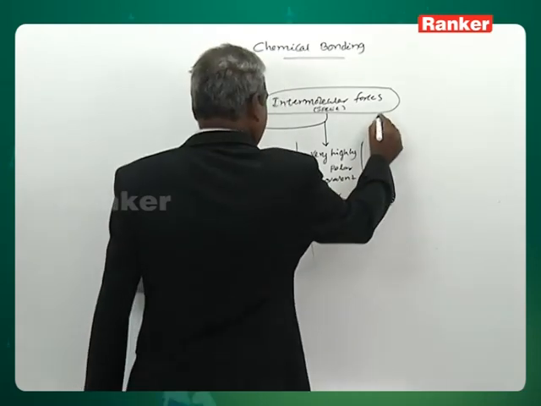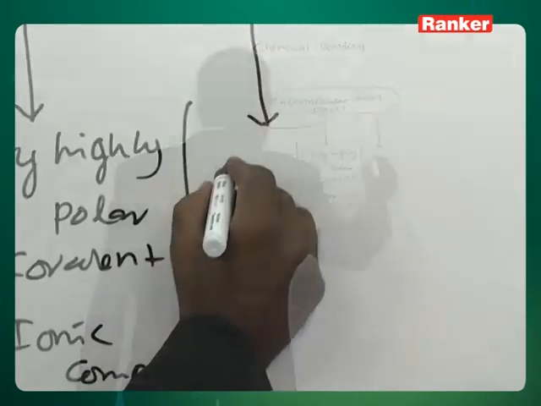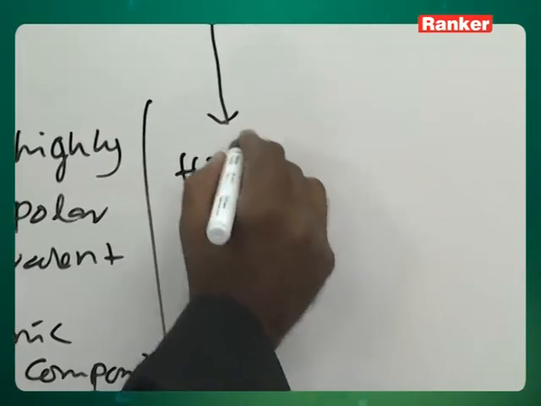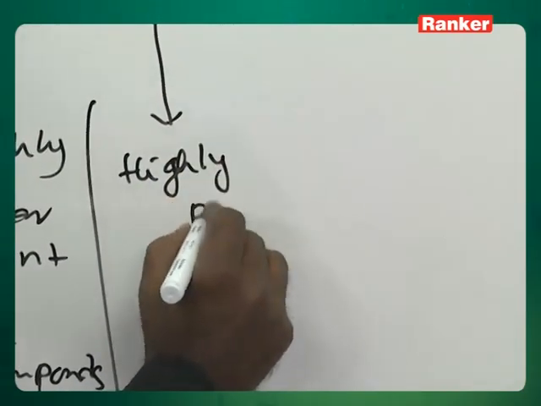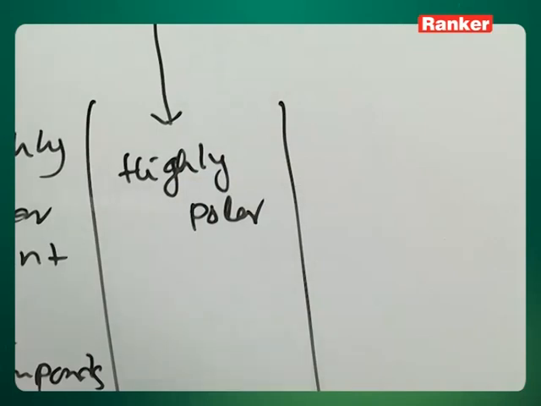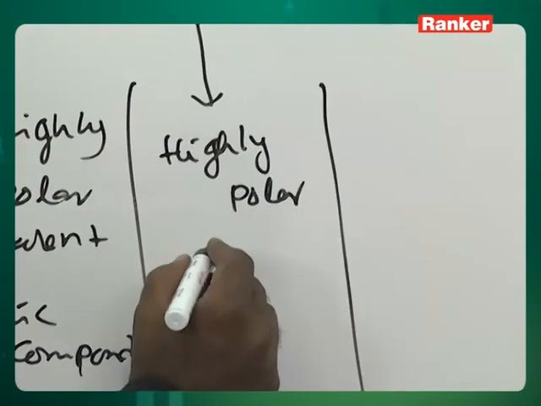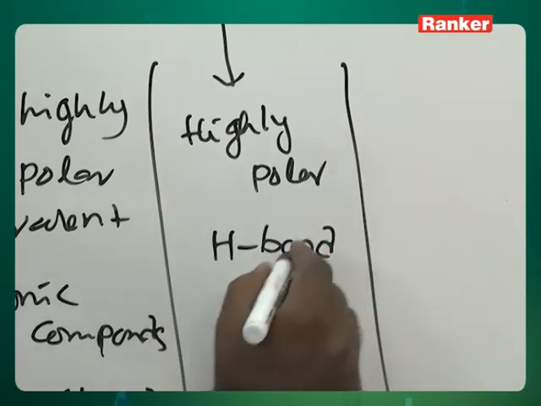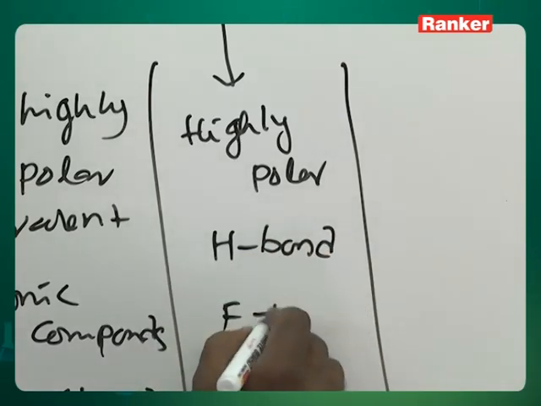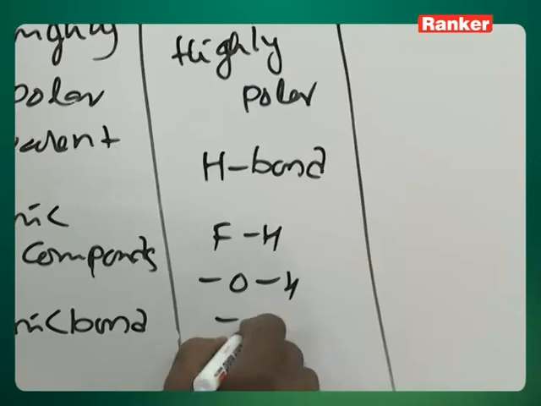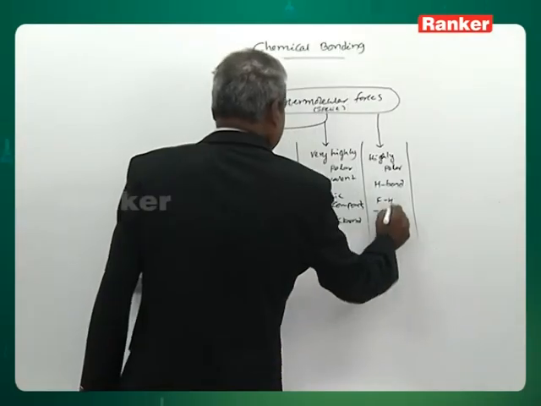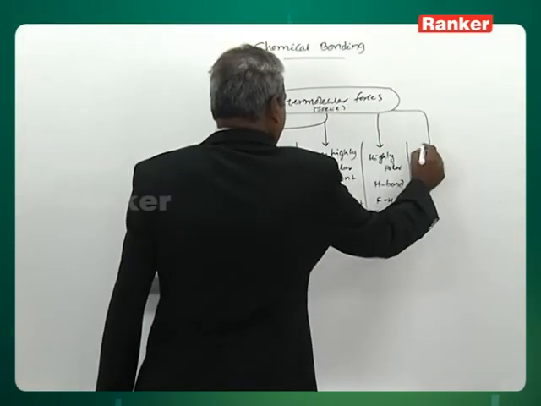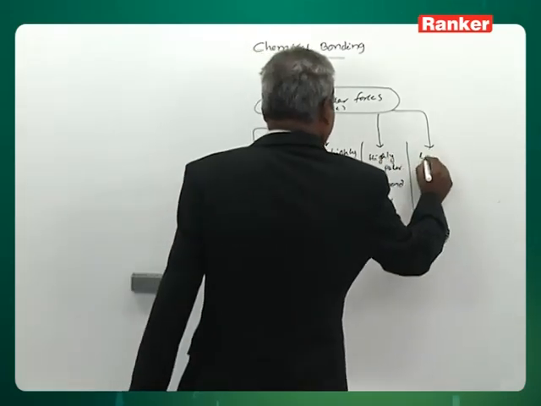Then highly polar attractions, which is called hydrogen bond, and you will find hydrogen bond only when H with O, N and F are there. And the last one being less polar or non-polar.